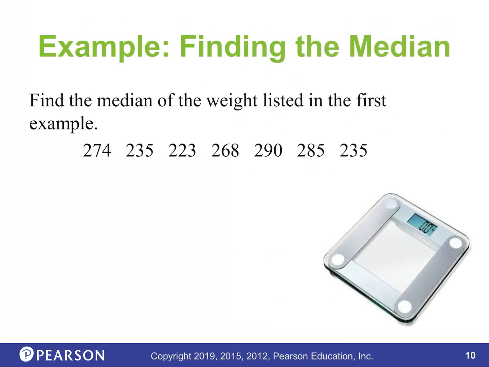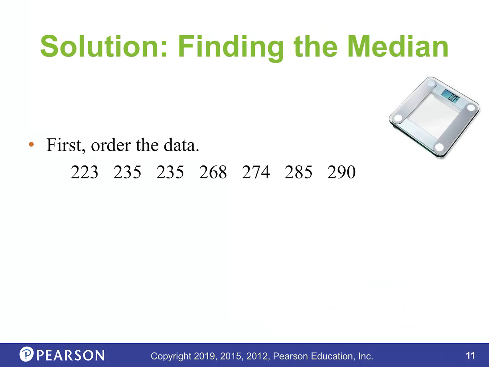All right, continuing on to slide 10. Find the median of the weights listed in the first example. First we have to list all these data pieces in order from smallest to largest. So we have 223, 235, 235 again, 268, 274, 285, and 290. We have 7 pieces, right?